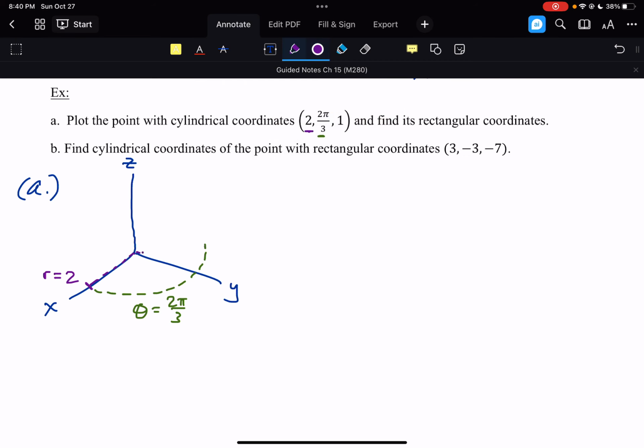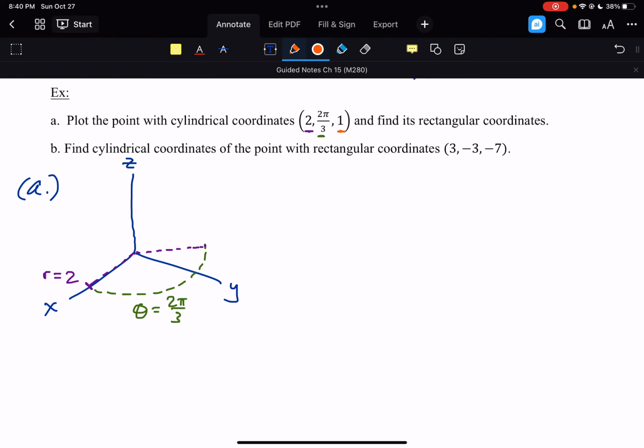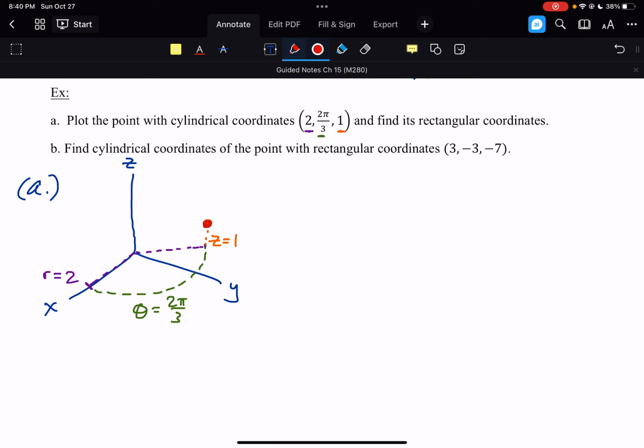Okay, so you can see if I just transfer r over there, it gets us to that point. And then z is 1, telling us to go just straight up 1 unit, which is going to be right around there. So that would be our point in question.